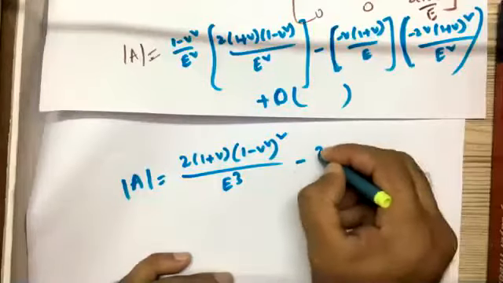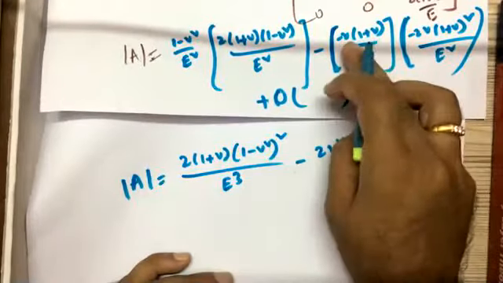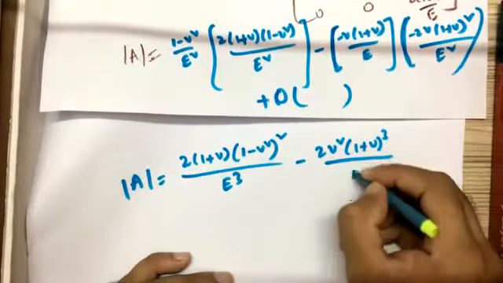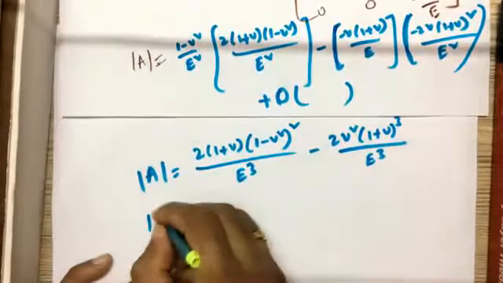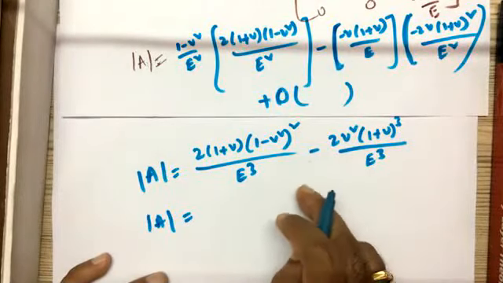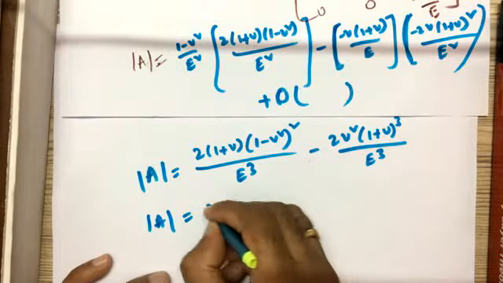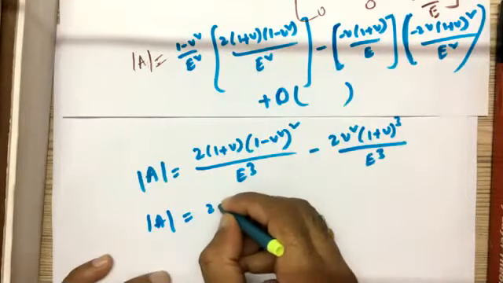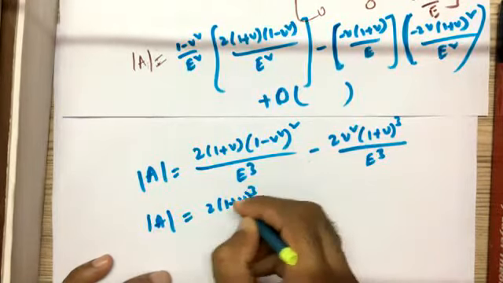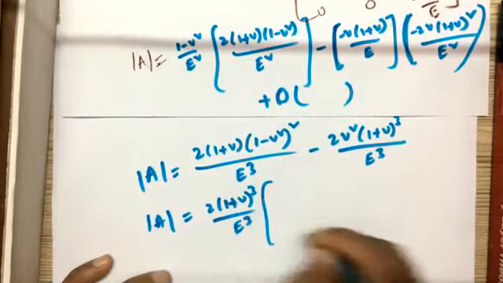So minus 2 nu square into (1 plus nu) whole cube by E cube. Can I take anything common here? Yes, I can take 2 into (1 plus nu) whole cube divided by E cube common.